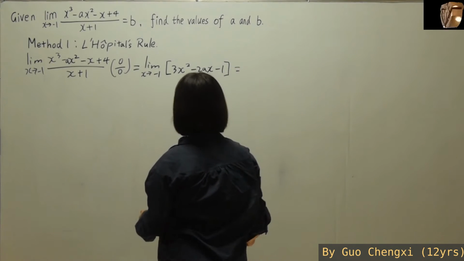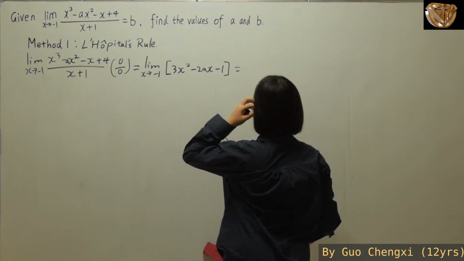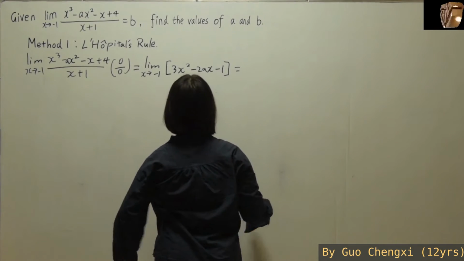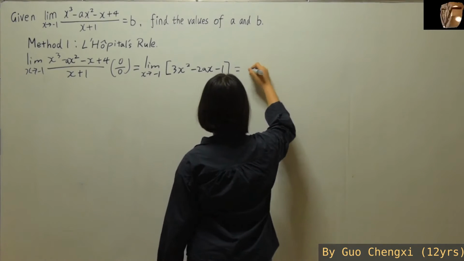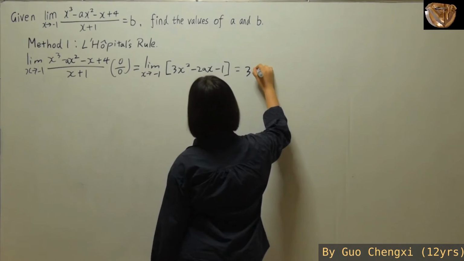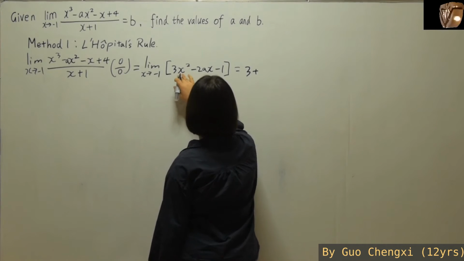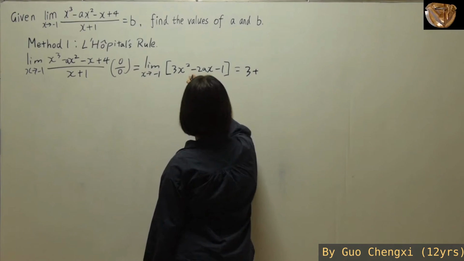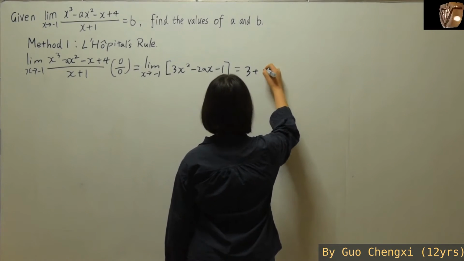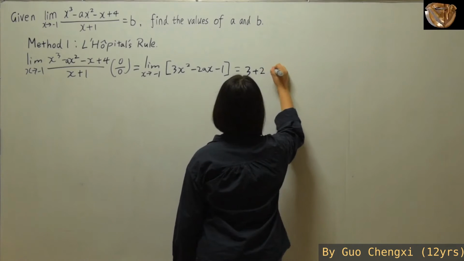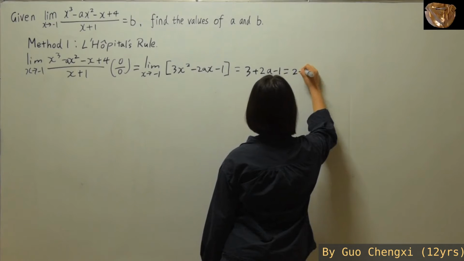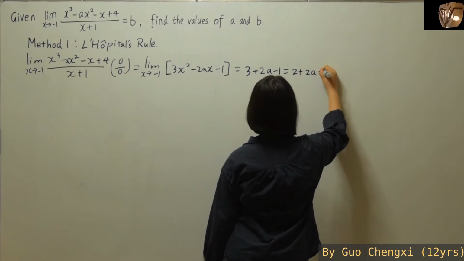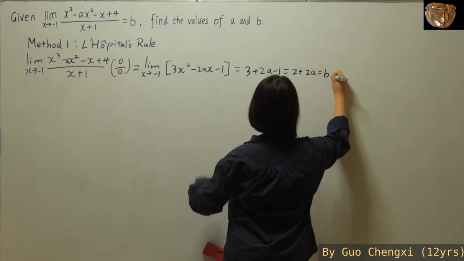Now if we substitute it inside, it will become a determinable form. You put it inside and you have 3 plus the negative squared, so it's positive, while the negative here cancels with this one, thus still a positive 2a minus 1. So this is equal to 2 plus 2a, which is equal to b.